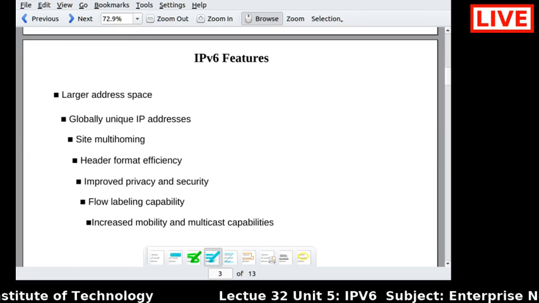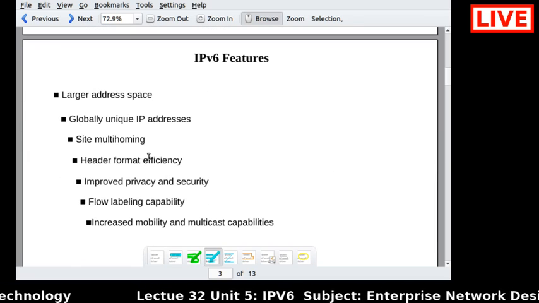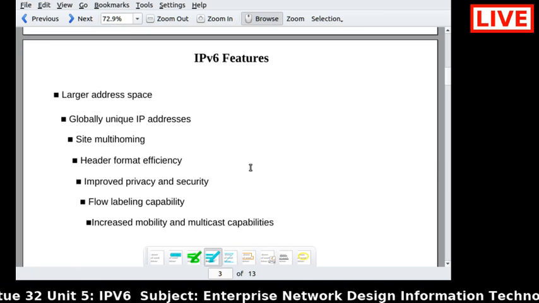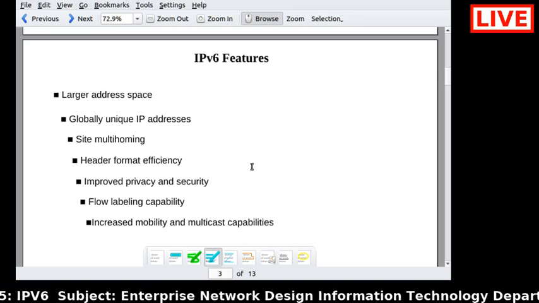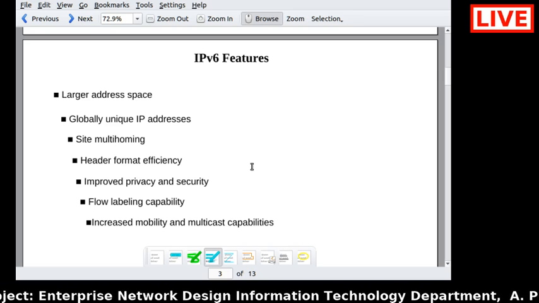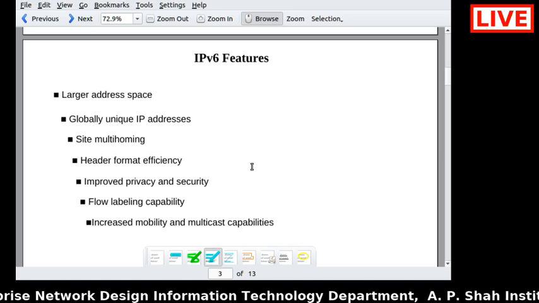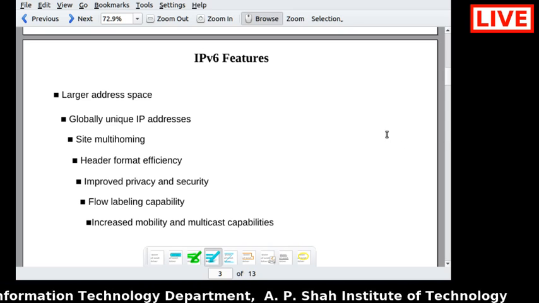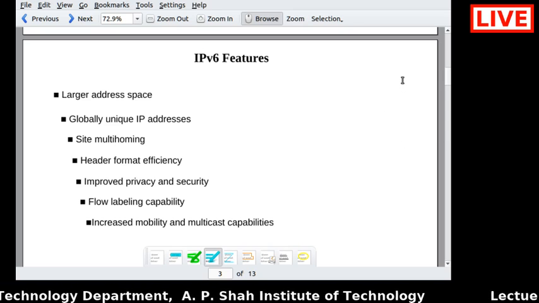helpful for you, right? So in these IPv6 features, whenever we need to give IP addresses to any kind of organizational network, you need to think about their future demands, right?